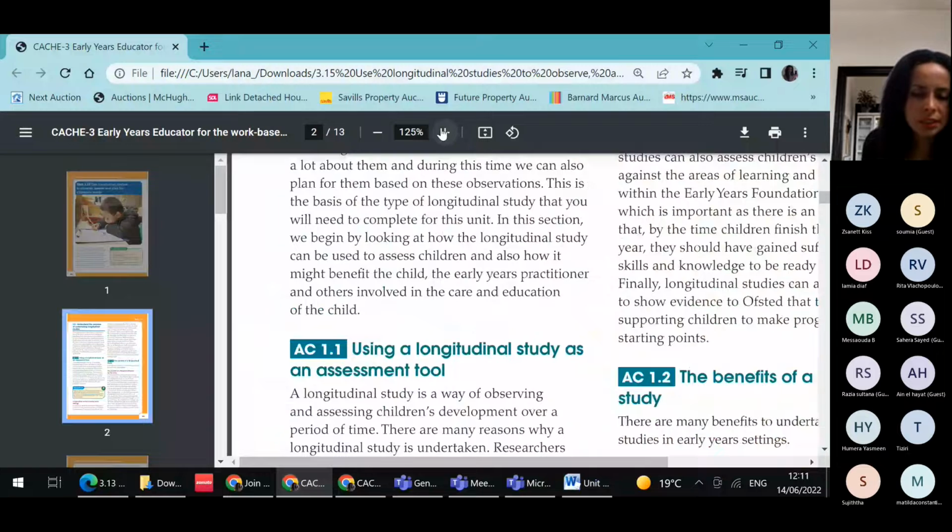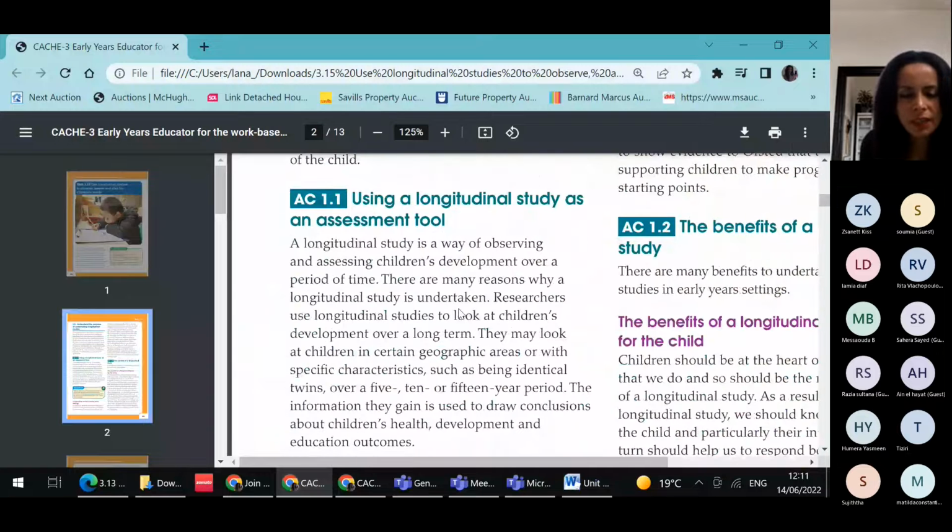So longitudinal study is a way to observe and assess the children's development over a period of time. It's not going to be one day, it's going to be a longer period of time, and I can get more information.